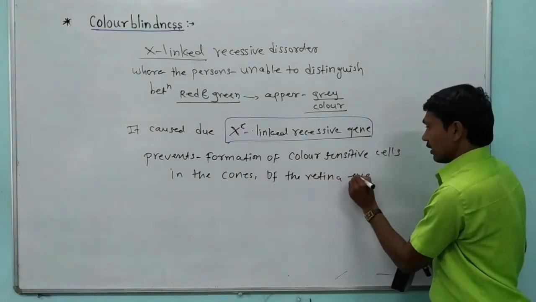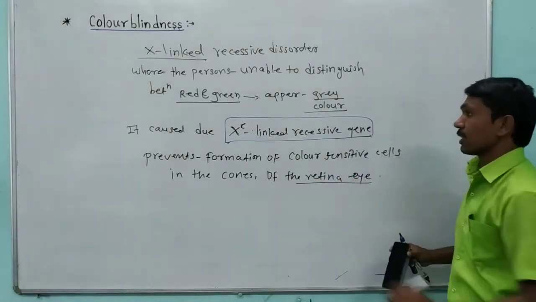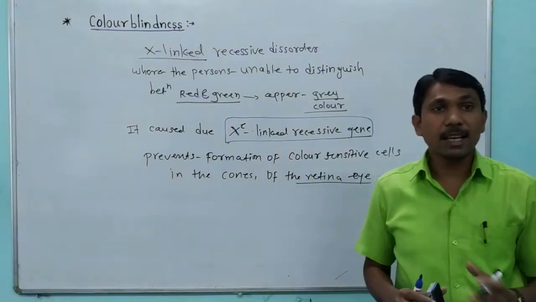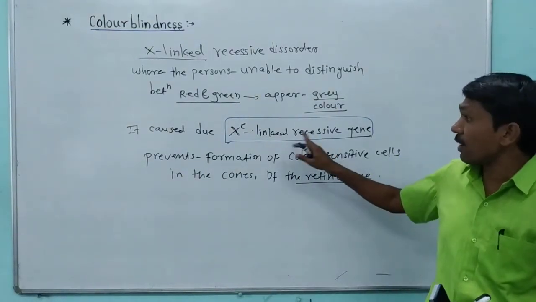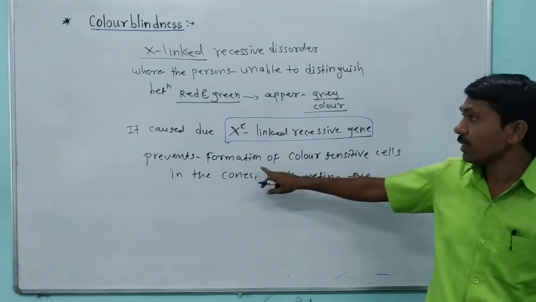Okay, that means हा डिसऑर्डर कधी होतो? ज्यावेळेस X-linked recessive gene हा प्रेझेंट असेल in the human being.